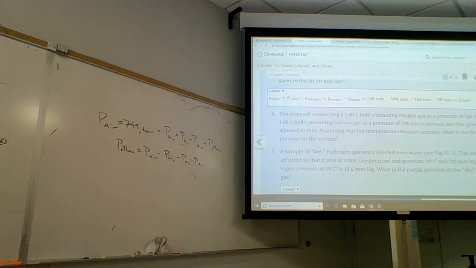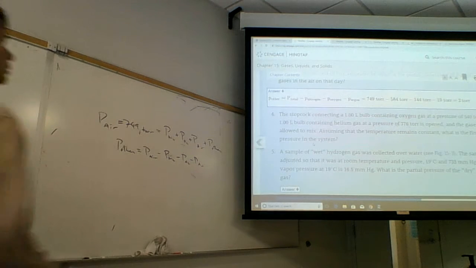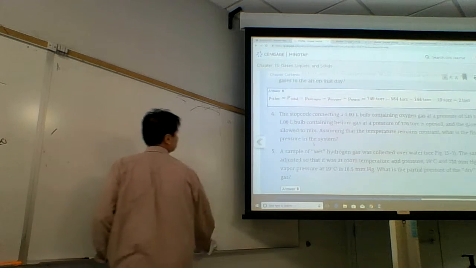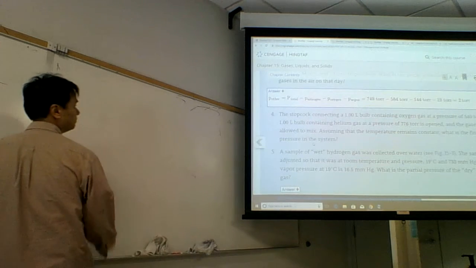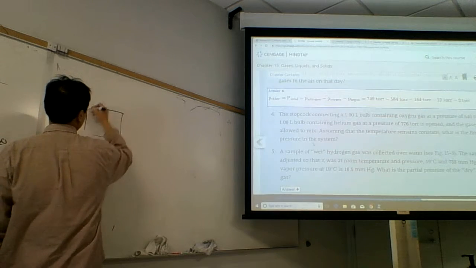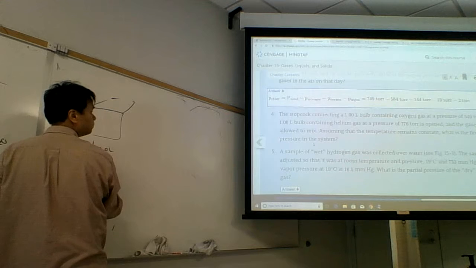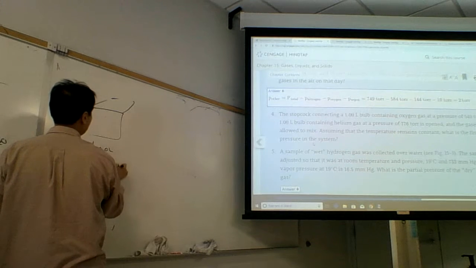The stopcock connecting a 1.00 liter bulb containing oxygen gas at a pressure of 540 torr and a 1.00 liter bulb containing helium gas at 776 torr is opened. And so let's say I have 1 liter of oxygen, O2 gas.